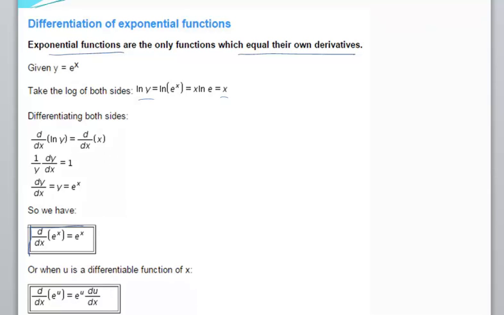So d on dx of e to the x is equal to e to the x. Or when u is a differentiable function of x, d on dx of e to the power of u is e to the power of u multiplied by du on dx. And this is the formula we're going to be using for most of our equations.